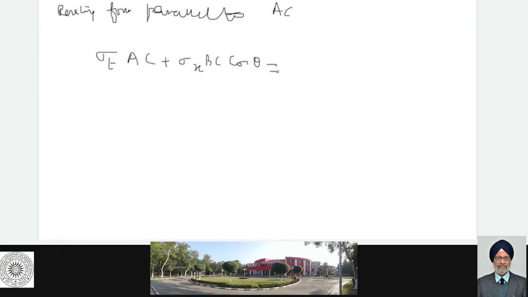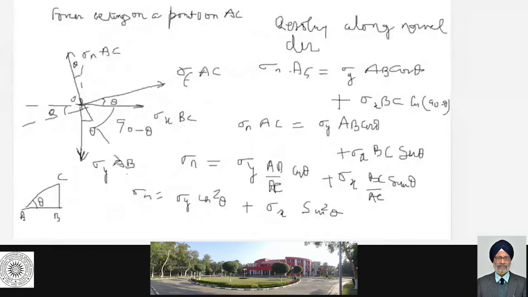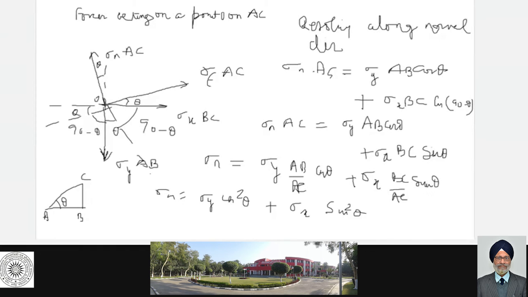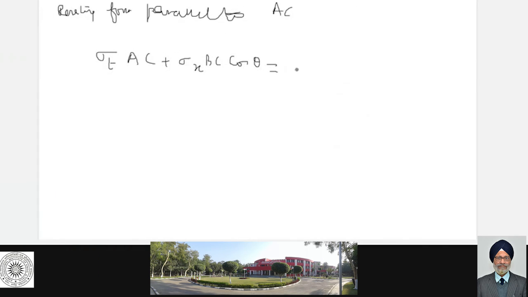And this should be equal to along this direction. So it is sigma y into AB. So this angle is how much? This is 90 minus theta. So it is cos 90 minus theta. Sigma y into AB cos 90 minus theta.